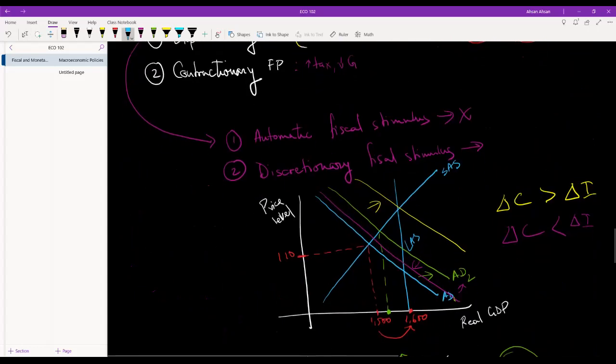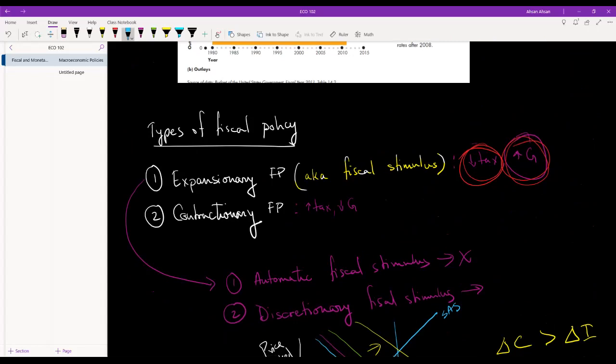I have given you one example here, where the government wants to increase their expenditure. I'm going to leave the rest as practice for you. So try to figure out what happens when the government reduces taxation. Try to figure out under what scenarios the government might want to implement contractionary fiscal policy.